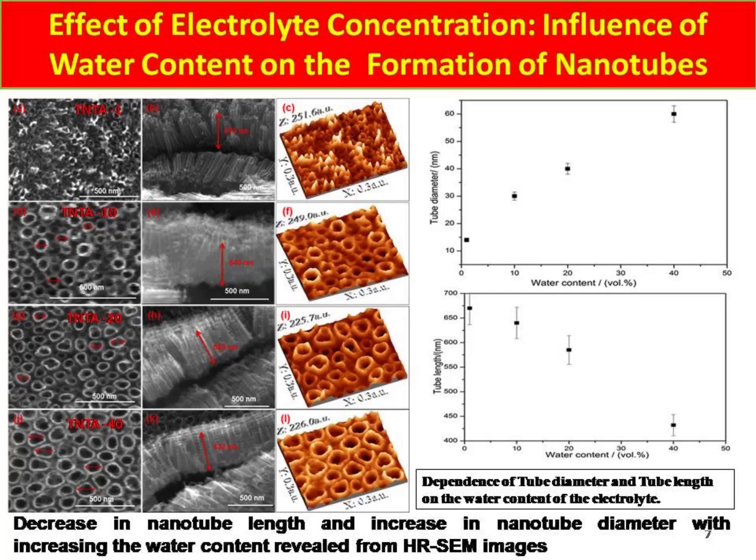As the water content is increased, the tube diameter increases. The tube length decreases as the water content increases. So from these two pictures, with an increase in water content, tubular diameter increases and tube length decreases. This decrease in nanotube length and increase in nanotube diameter with increasing water content is revealed from the HR-SEM images.